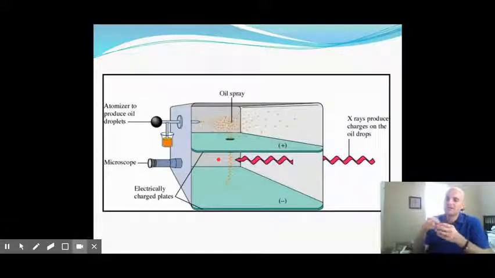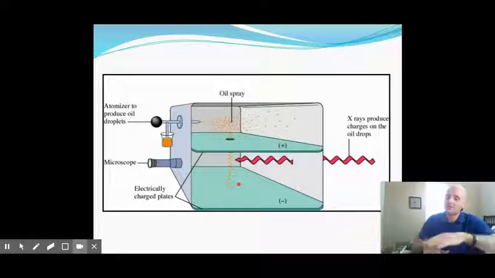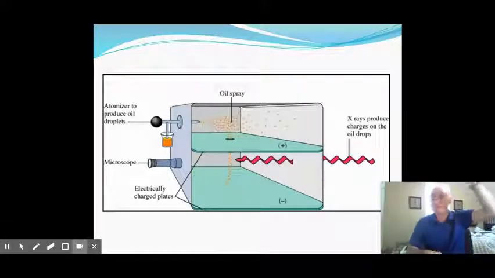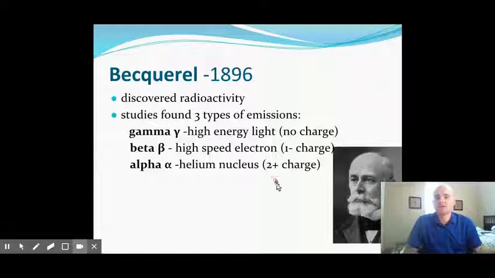This caused the oils to become ionized, and the negative charges would repel off of this negatively charged plate. So they would fall slower, or hover, or even bounce back, depending on how many electrons they had. So using this, he was able to find the charge of the electron.